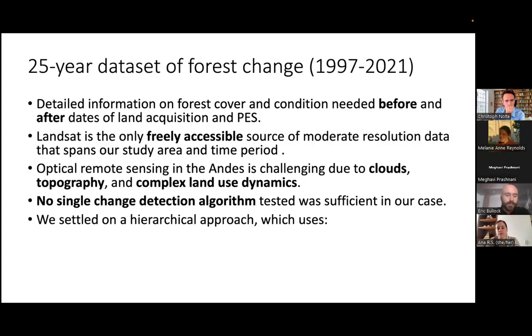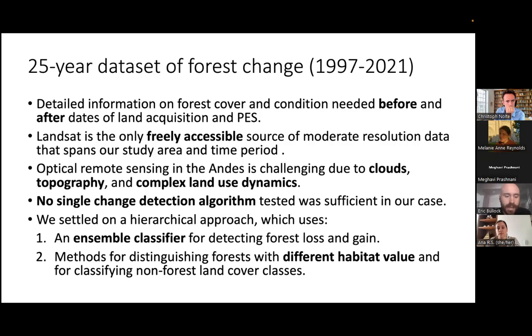So we tested a few different approaches to classifying forest cover change. And basically, to summarize, we applied a few different Landsat-based time series approaches.